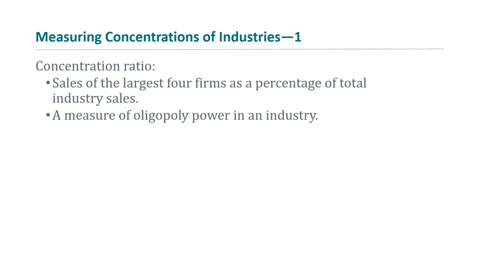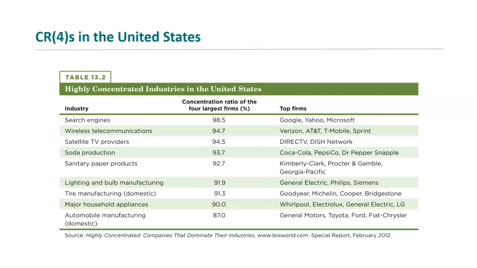And so this concentration ratio can give us a measure of oligopoly power in an industry. In other words, how much power do the top four firms have in an industry? And if that number is relatively large, then we say that this is a market that's really controlled by just a few firms. So some examples of oligopoly markets that we may encounter every day in the U.S. are here.